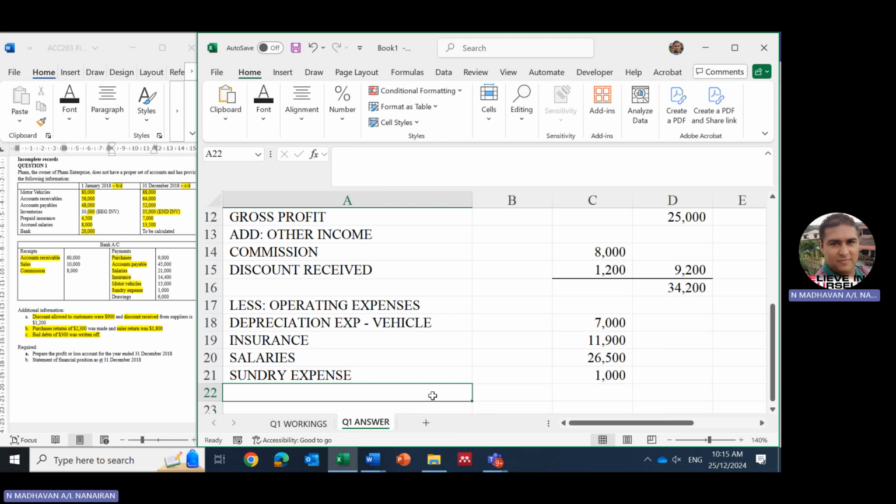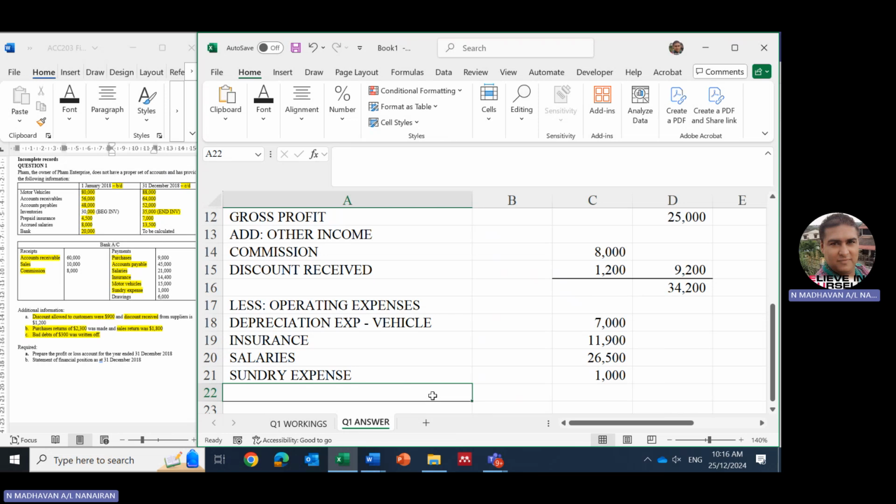Okay. I want to ask you something. What does sundry expense mean? Do you know? Sundry, we call it sundry. Sundry expense means various expenses. All the little expenses combined together become sundry expense. Another name for sundry expense is miscellaneous expense.